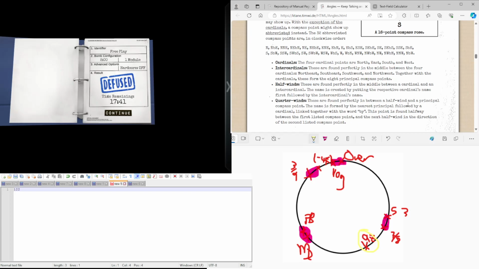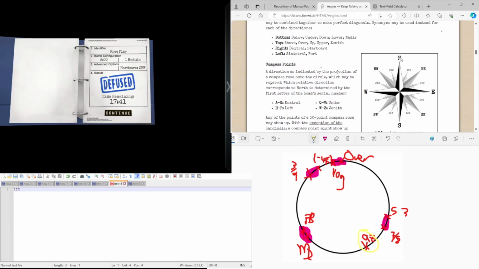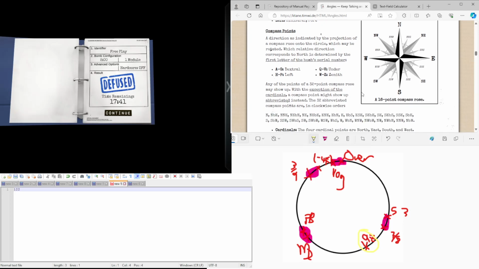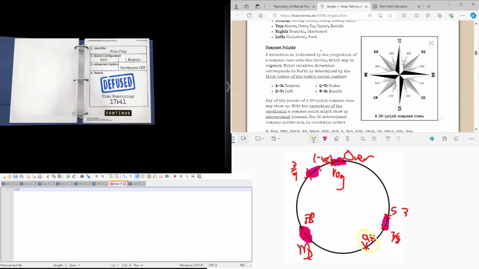And it's found half between the first listed compass point and the next half wind in the direction of the second listed compass point. So in this case, north by east would be the one just here. Hopefully you can actually see my cursor. It's the one between north and north-northeast, basically.